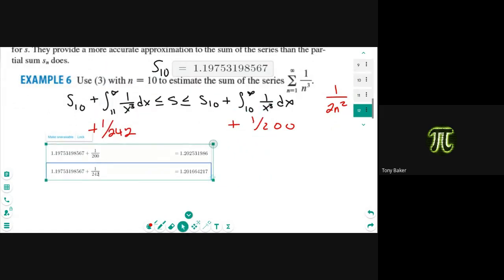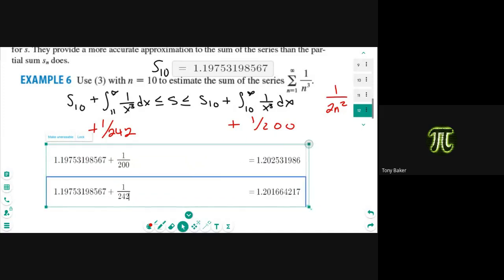So if I just add those two together, I know my answer is between those two numbers.